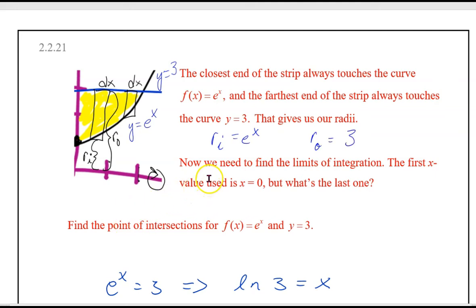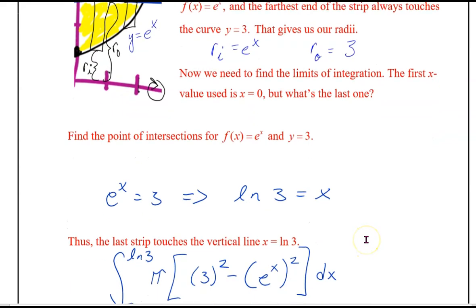Now what we need to know is, what are the limits of integration? We're going to start on the left with x equals 0, and remember last time we got the right as the natural log of 3. That's the point of intersection between the curves y equal e to the x and y equal 3. Setting them equal and switching to logarithmic form gives you the form of the curve you need.